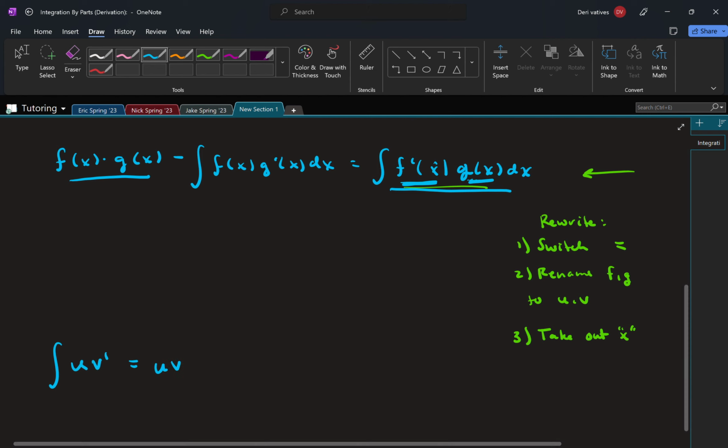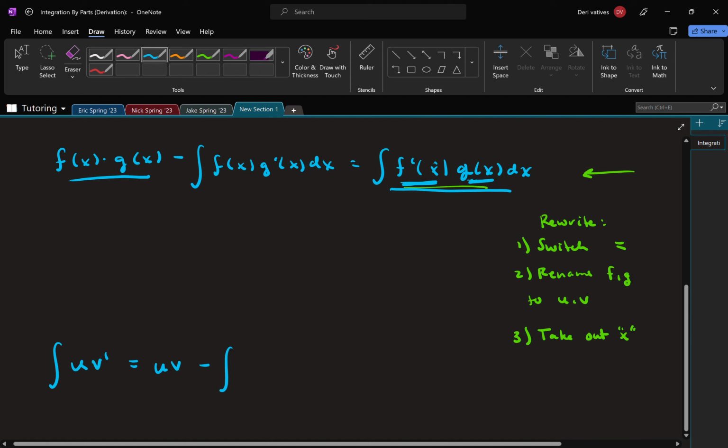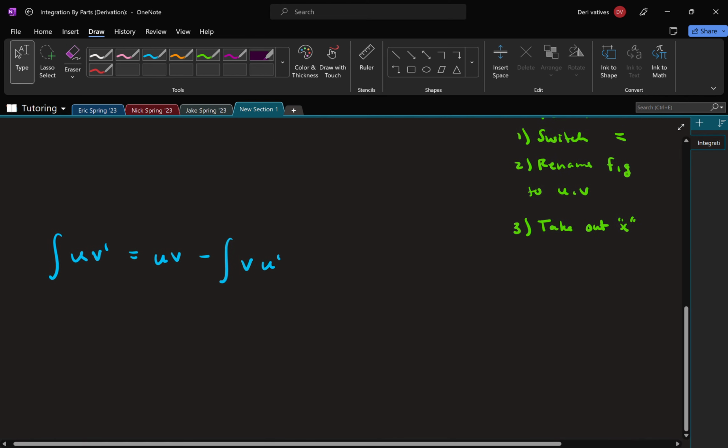I'm renaming g of x to be v, and f of x to be u. I'm just calling it something different, nothing fancy happening. Minus integral, f of x is v, so I'm going to call that v, and then here's u prime. There's the integration by parts formula.